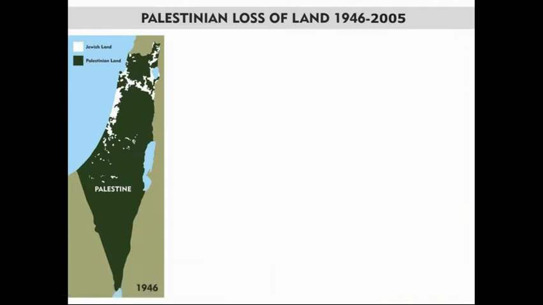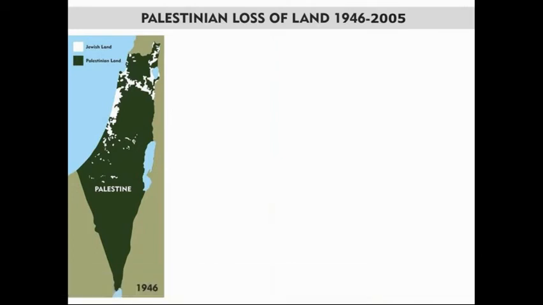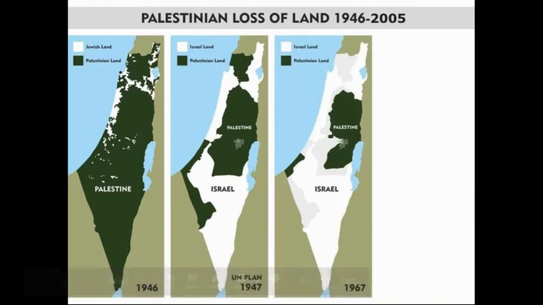All right. And again, this kind of shows you 1946, what it looked like prior to the United Nations getting involved. And then you saw what it looked like for the actual partition plan. And then what it's going to look like after what's called the 6-Day War.